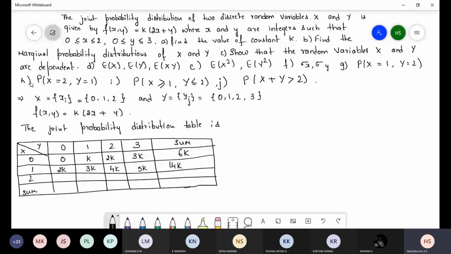Sum will be 22k. Now, this way we do the column sums: 6k, 9k, 12k, 15k, and overall 42k.